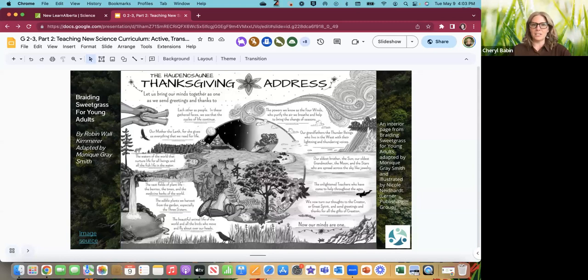This particular excerpt comes right from Braiding Sweetgrass for Young Adults by Robin Wall Kimmerer, and it's called the Haudenosaunee Thanksgiving Address. Now, the Thanksgiving address is basically a nod to gratitude and reciprocity, as opposed to a settler's view of Thanksgiving, which would often be celebrated during the harvest, although you might see some commonalities in the thankfulness and the gratefulness.